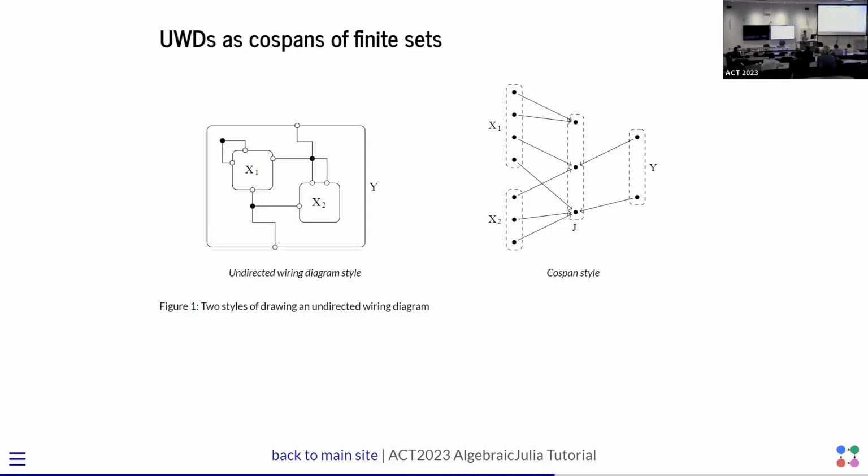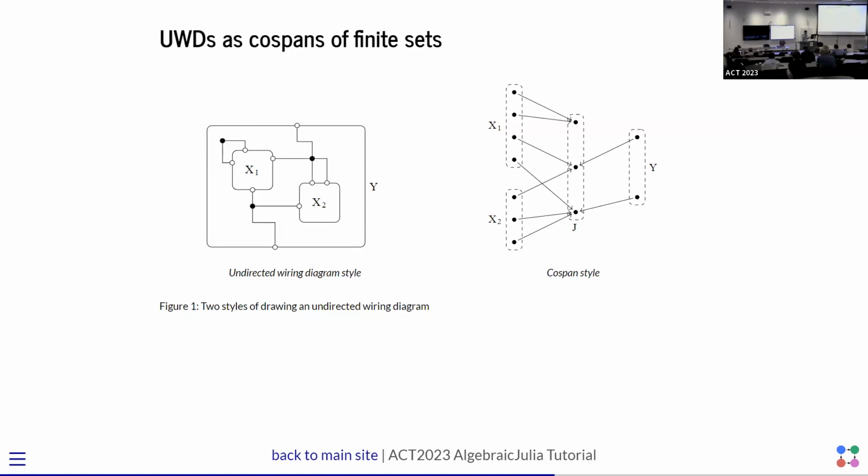The way we think of this is that the junctions in the wiring diagram, these black dots, are the apexes of the cospan. The outer ports are the elements in the right foot of the cospan, and the left foot of the cospan is a disjoint union of sets corresponding to each of the boxes. And we'll see in part 3 in more detail why this is a useful point of view.